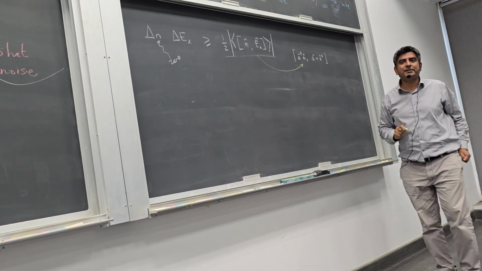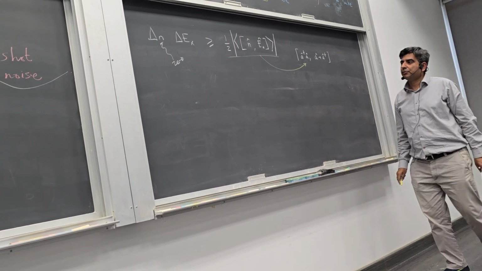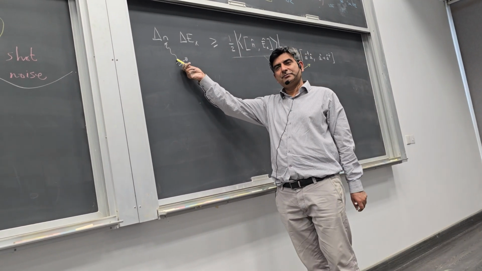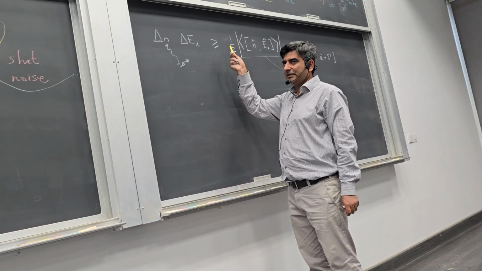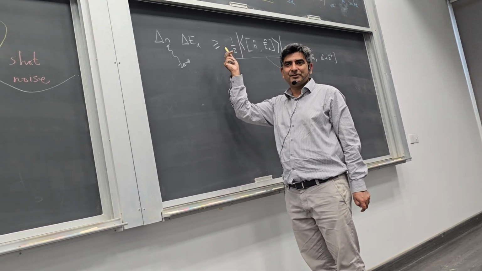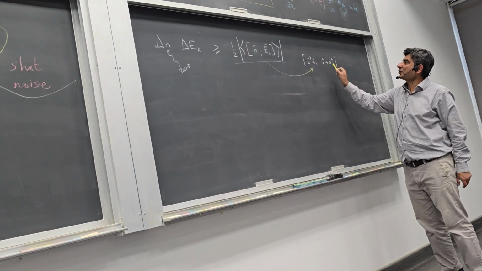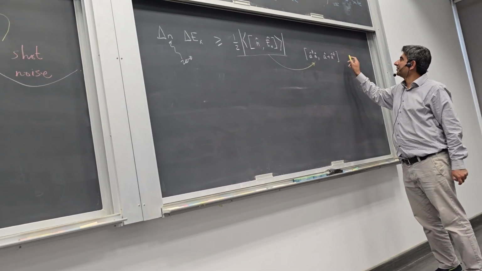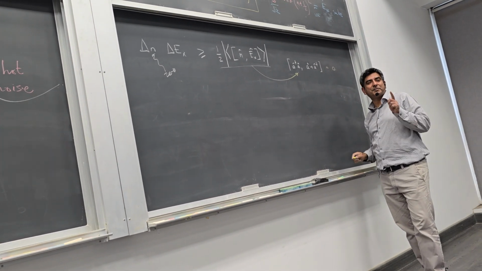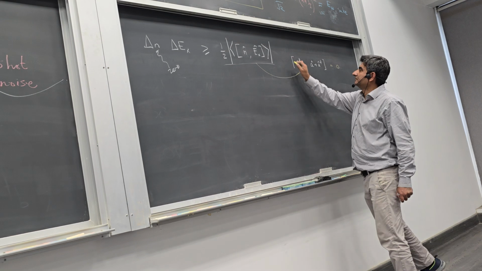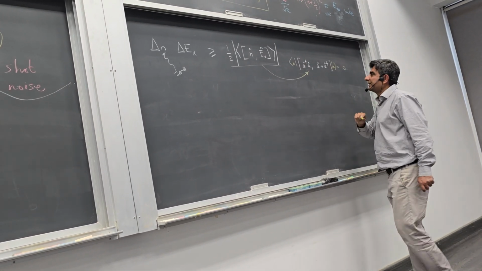Why must this commutation relation be 0? Because if the left-hand side is 0, and this has to be greater than or equal to 0, so this must be 0. And we can prove that this is true. If I take this commutator, it is going to give us 0 in the number state. You can prove this to be true.